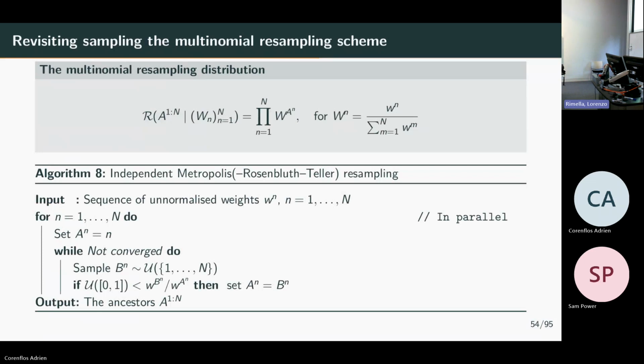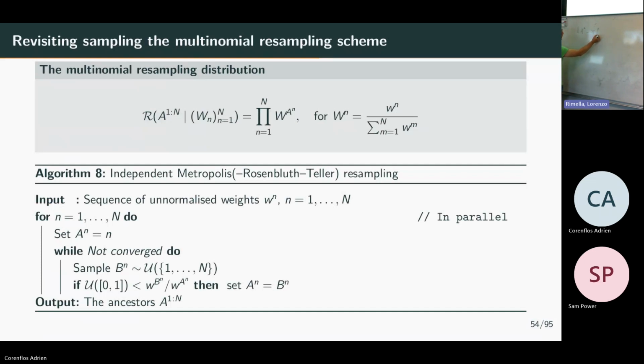Okay, and so the question is, if I just look at a single index n, let's say A is one of the ancestors, and this is now the iteration. I'm going to call pi the distribution of the categorical.